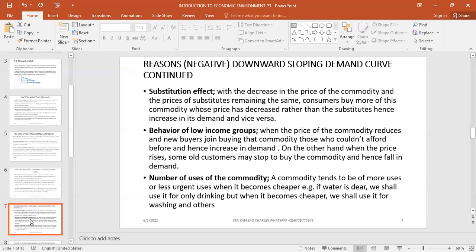Allow me to proceed to the behavior of low income groups. We are talking about the low income earners, the people who are earning less.